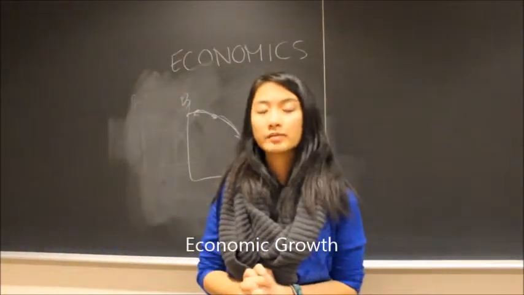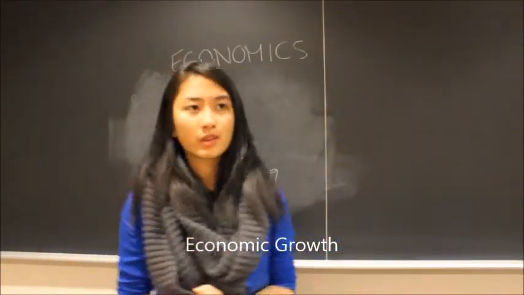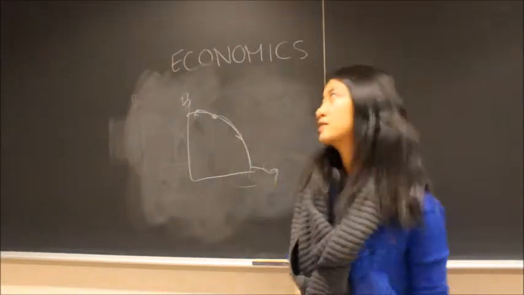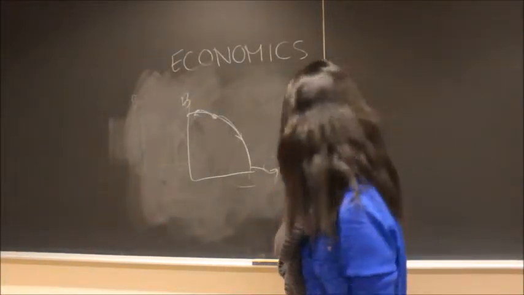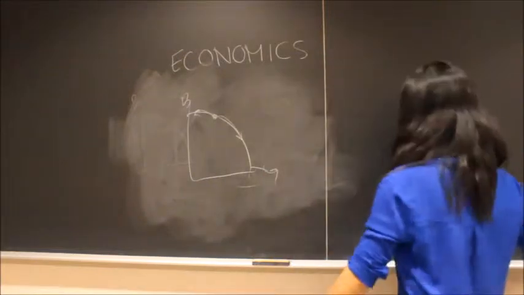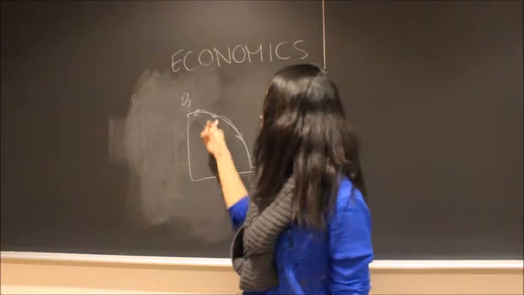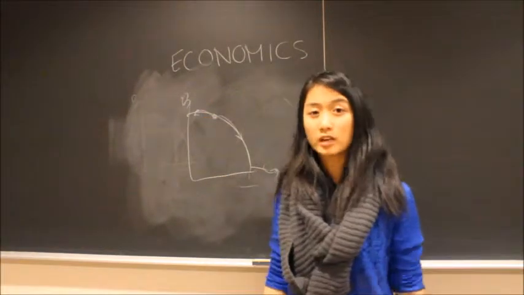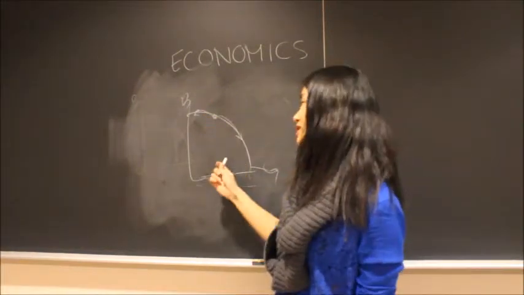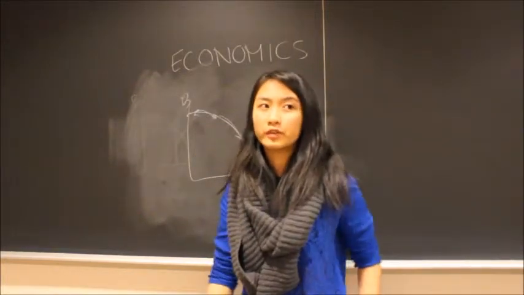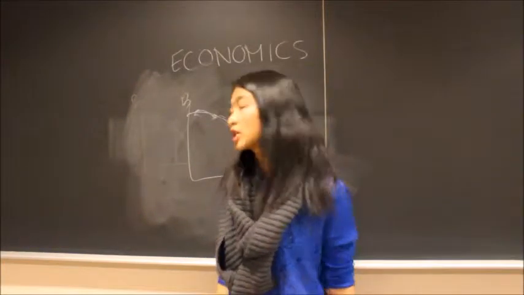The next part of the chapter talks about economic growth, and with this, I'm going to refer back to the PPF to explain it. I've drawn it again. With economic growth, I already talked earlier about trying to produce on the frontier, the PPF frontier, because this means the most allocative efficiency of your resources and your factors of production.